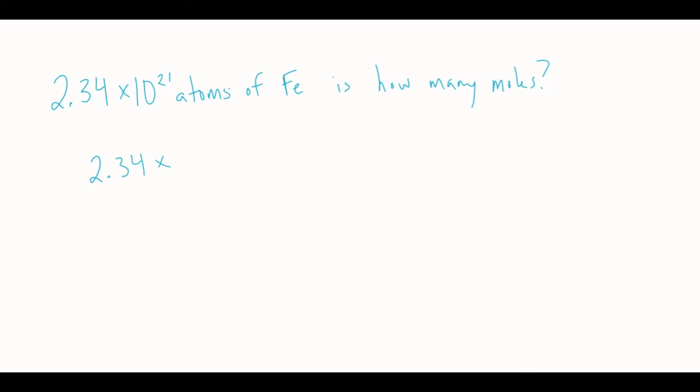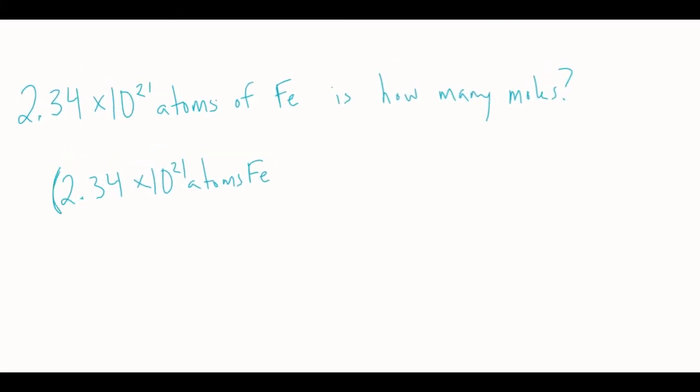All right, let's look at the second example. This one will be going from 2.34 times 10 to the 21st atoms of iron, and we want to know how many moles that is. Again, if you're using atoms, particles, or molecules, those are all in the same category for these equations. So we're going to take 2.34 times 10 to the 21st atoms, make a little box. Make sure you put the times 10 numbers in parentheses.